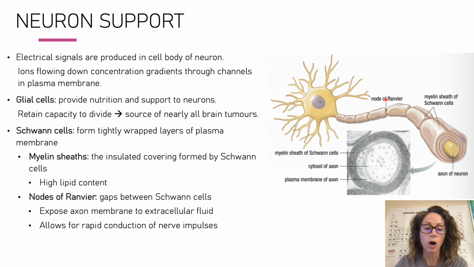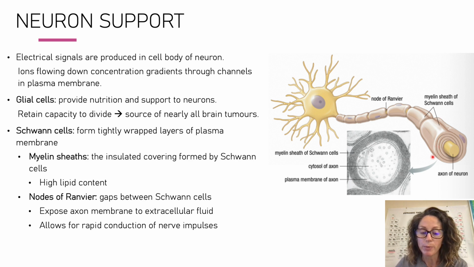Okay, we also have Schwann cells. They form tightly wrapped layers of plasma membrane. So these would be a Schwann cell that are wrapped around the axon of a neuron. They produce a myelin sheath, if you remember this from Unit 1. So it creates insulation that is going to cover the axon.